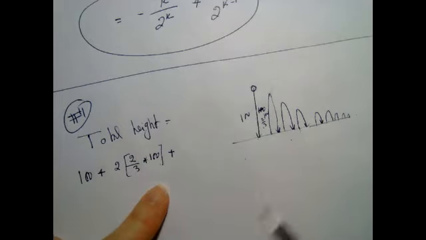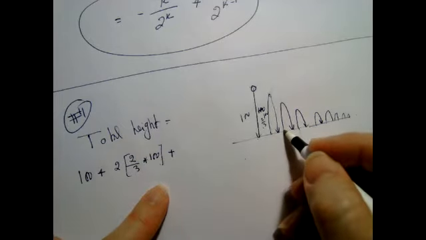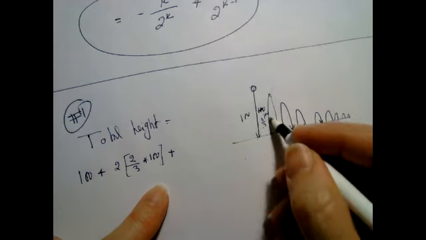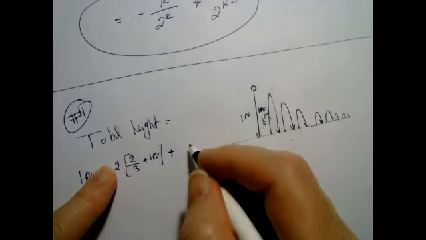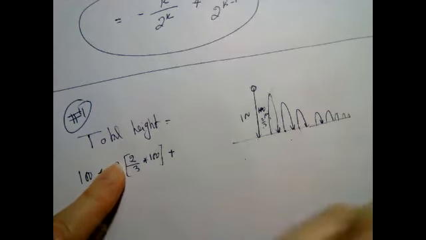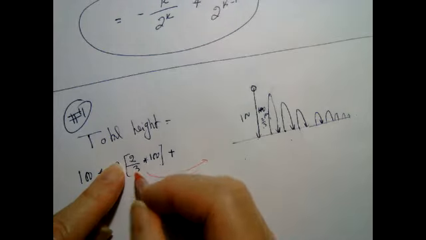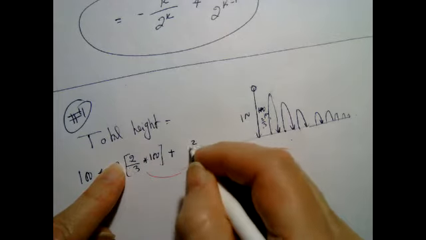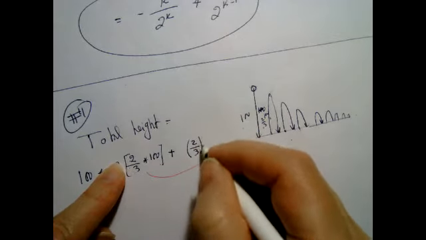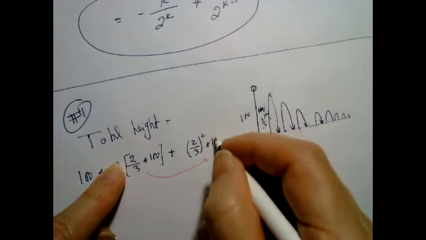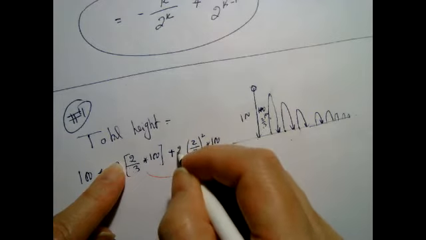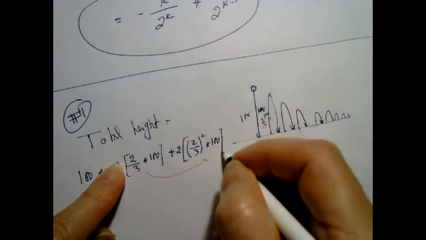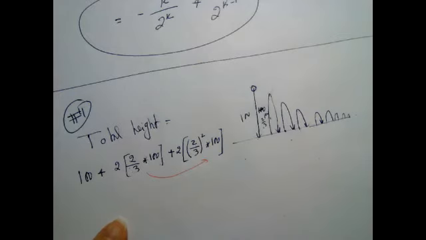Plus, right now we are here. It's 2/3 of what it was. So I need to multiply this piece by 2/3, so it will become 2/3 squared. And there is a 2 because it's going up and down. That's where the 2 is coming from.